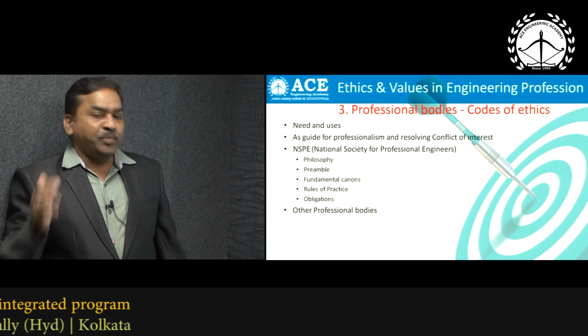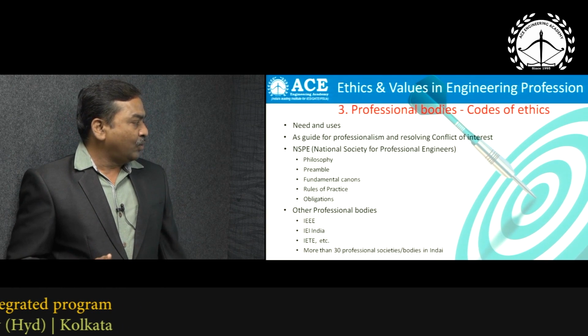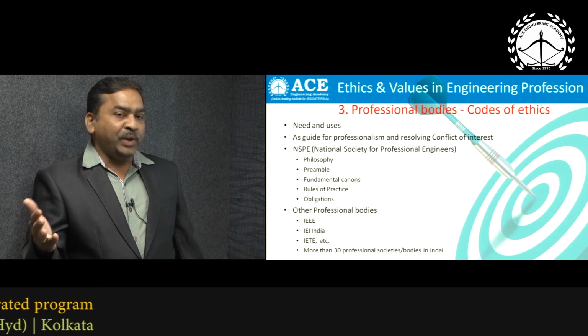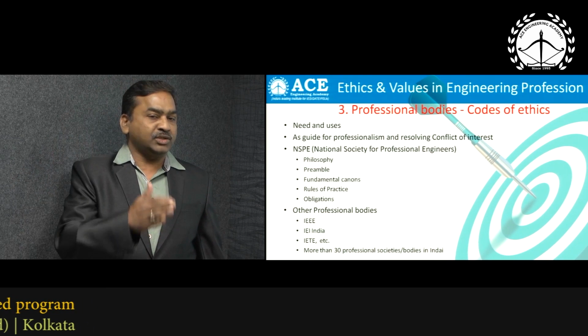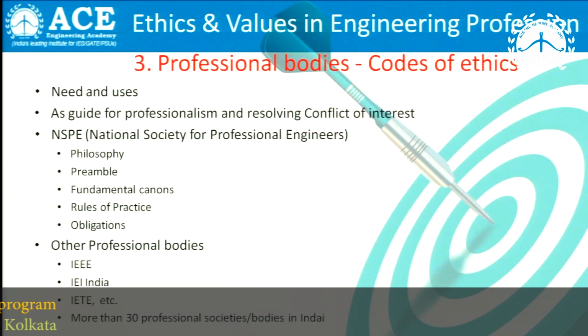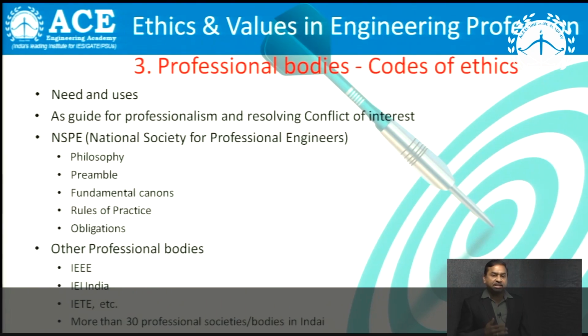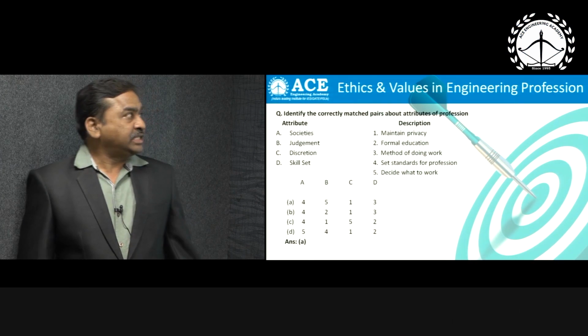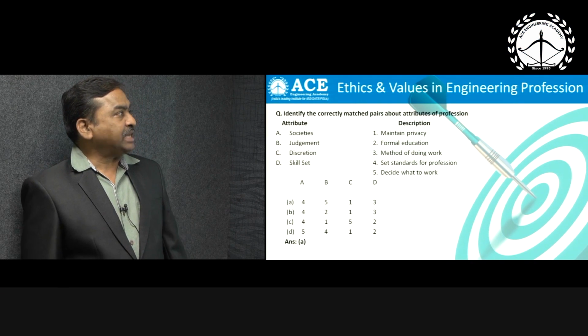Now, other professional bodies in India: IEEE is an American association which has presence in almost every country. IEA, Institution of Engineers, IETE, as I said earlier, more than 30 professional societies in India are there. We will see a question on profession, match the following type.